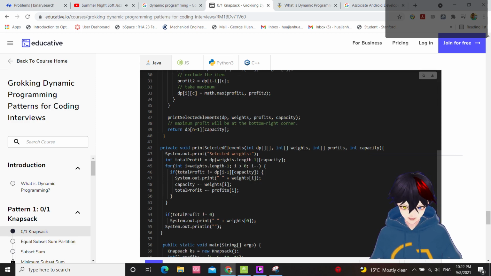The profits start from the right bottom corner, and not equal to previous row. That means you have to include it. There's a reducing for loop.